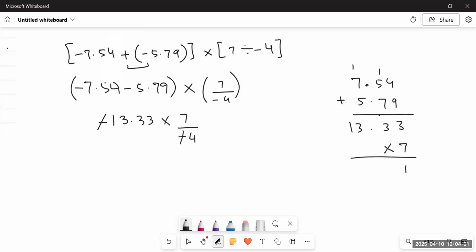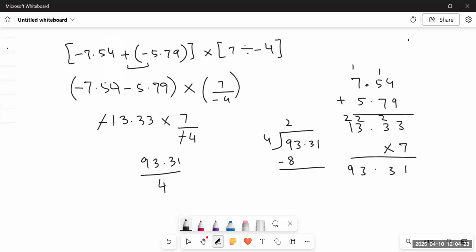7 threes are 21. 7 ones are 7. And it will be 93.31. Then we have to divide it with 4. So let's see what answer we get. 4 twos are 8. 4 threes are 12. Put a decimal over here.